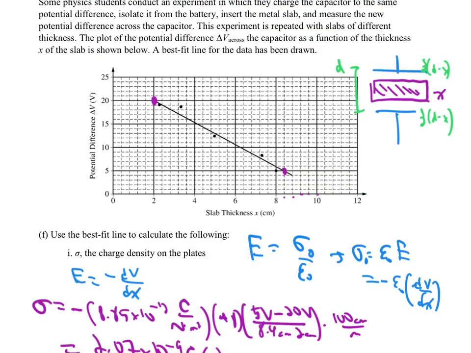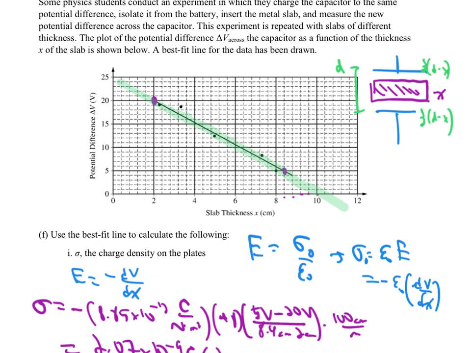There's an alternate way. If we let the slab get larger and larger, and let x approach D, then when x equals D, we'll have a conductive path from the top to the bottom plate. All the charge will flow together, and there'll be no voltage because there'll be nothing left on the capacitor. Therefore, when V equals 0, we should be at x equals D. But V equals 0 on this graph is where it crosses the axis.